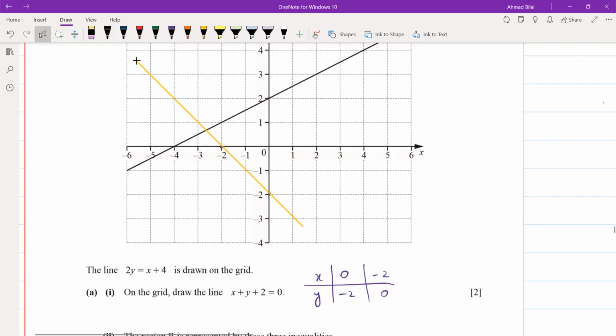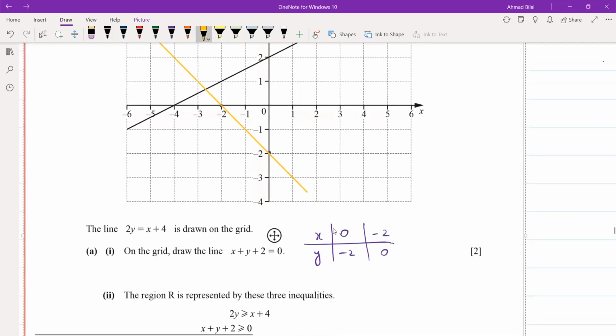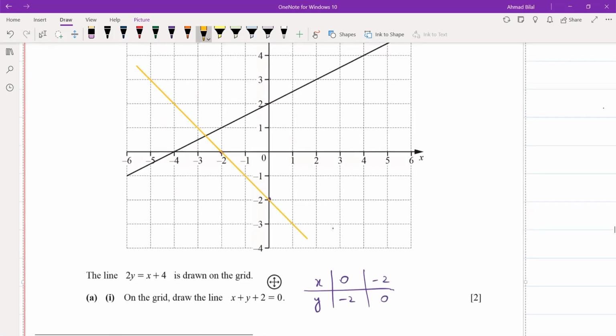Very accurate. Like this. So that's your line. उसने कहा था x plus y plus 2 equals 0. This is the line that we have drawn there. That's x plus y plus 2 equals 0.